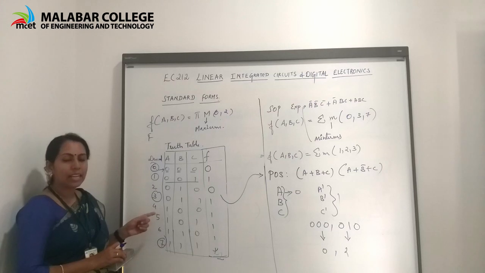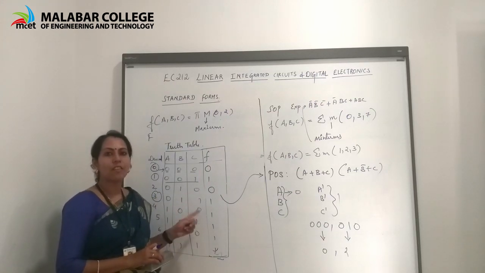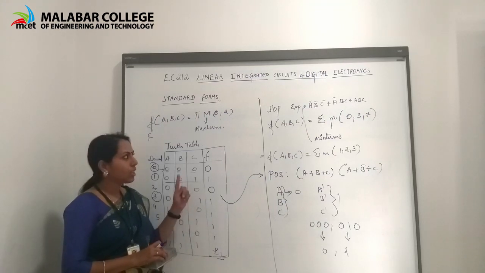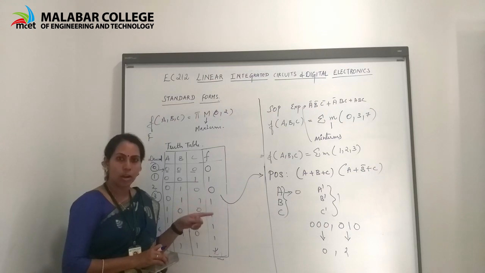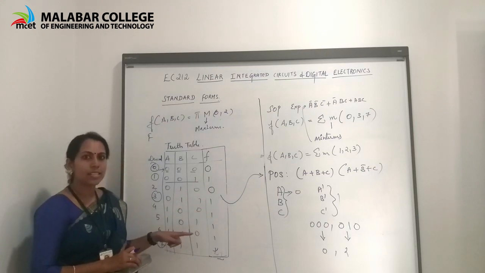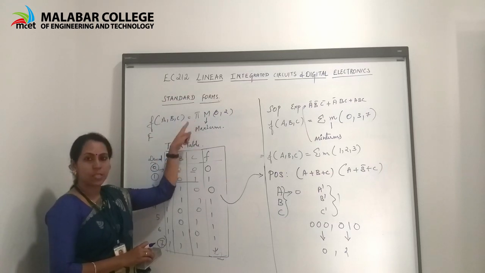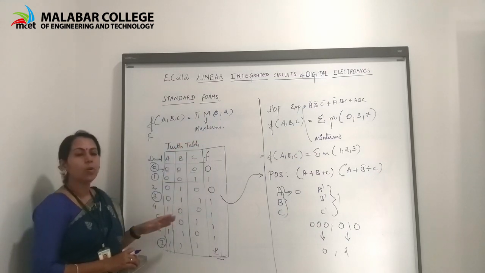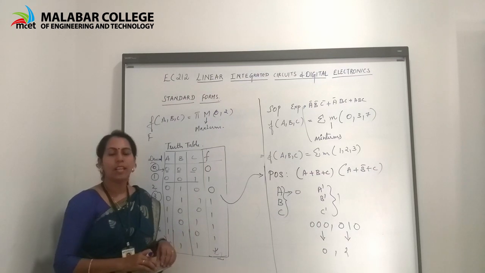In SOP, the function's output will be 1 and in POS, the function's output will be 0. For SOP, in terms of function we write summation and minterms m. In the case of POS, we use product, indicated by pi, and we write capital M, which means maxterms. So this is how we represent the two standard forms and their truth tables. Thank you.